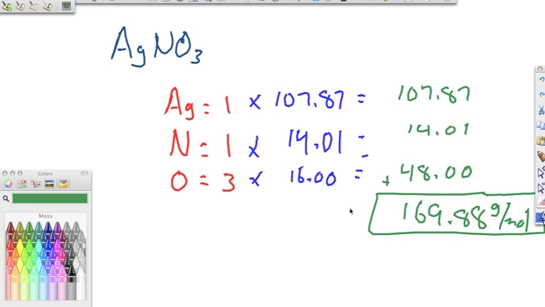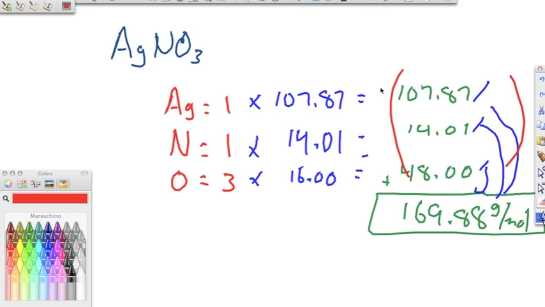Here are our parts, so we divide these up here by our whole. So we're dividing it here, here, and here. And remember that after we divide them out, we always multiply by 100. So we divide these out by 169.88, and we see that silver is going to have a percentage of 63.50%.